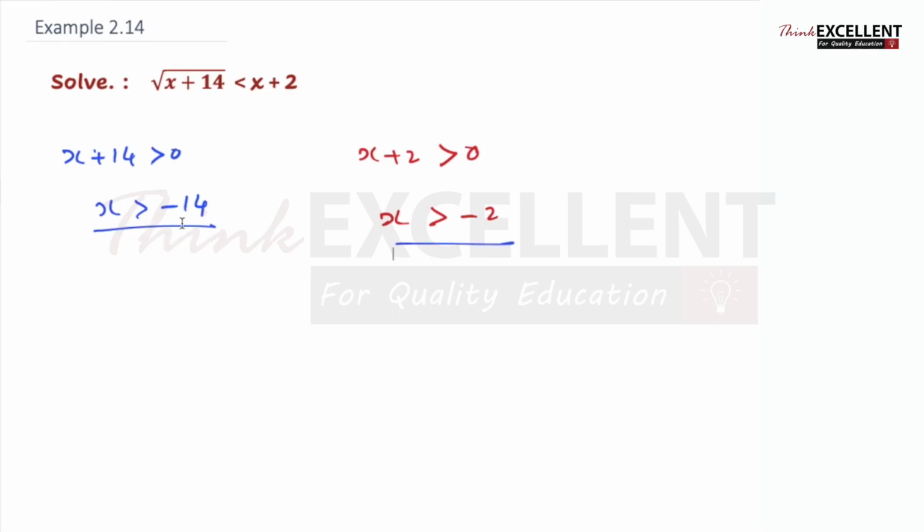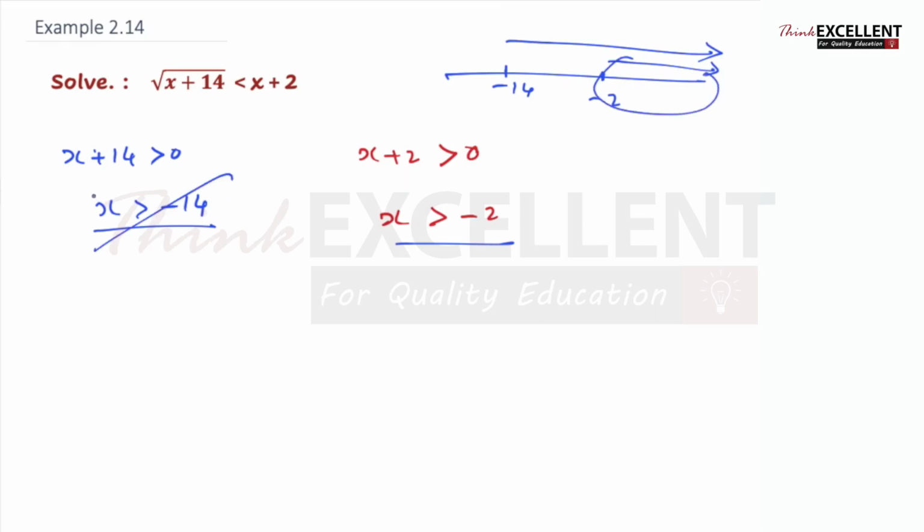One condition says x is greater than minus 14, another condition says x is greater than minus 2. Which portion satisfies both? More than minus 2. So this one becomes invalid, and we take only x is more than minus 2. This is the valid condition.